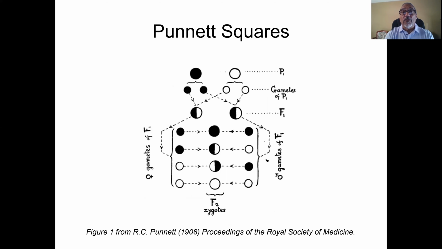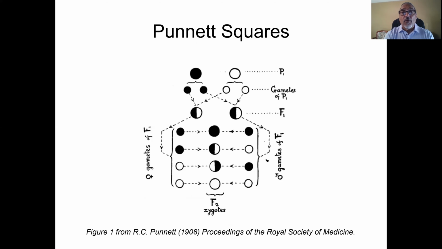And of course, notice that part of what Punnett did was to talk about the ways in which the gametes can combine. And we're going to find out this idea of gametic combinations is extremely important in genetics, from here to doing Punnett squares, all the way to when we talk about population genetics and the rules of evolution.